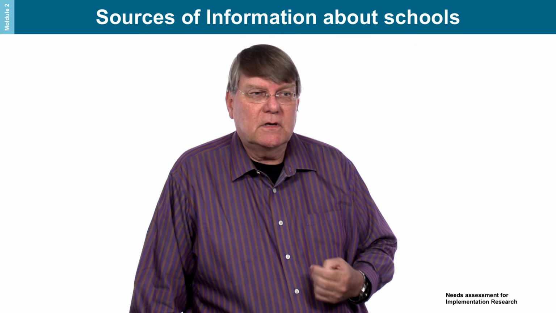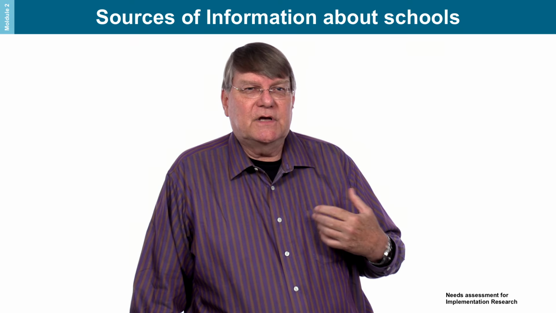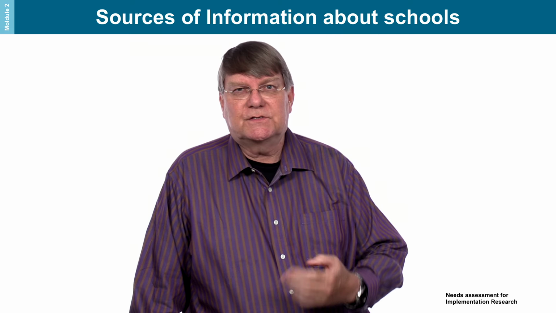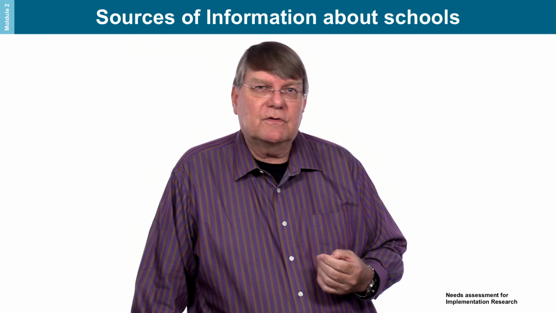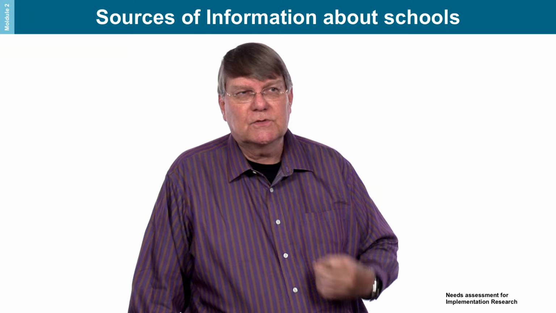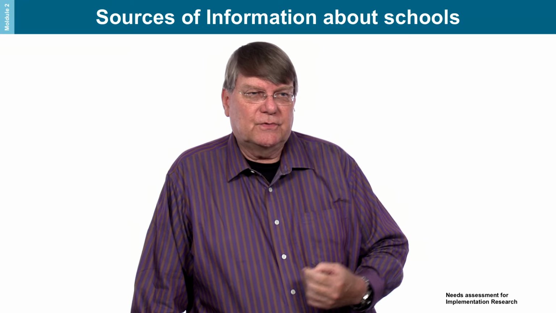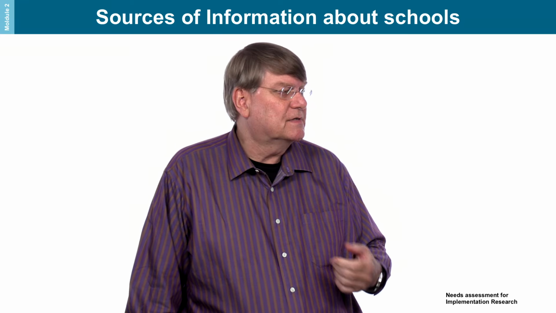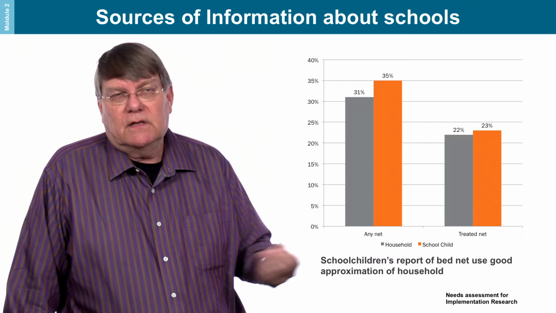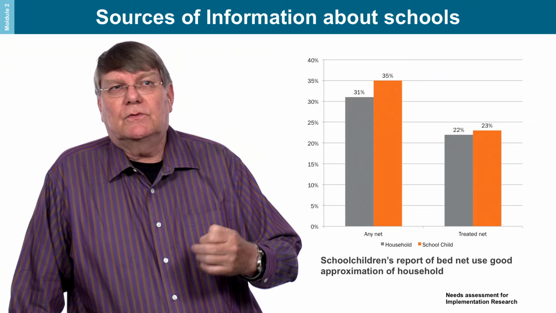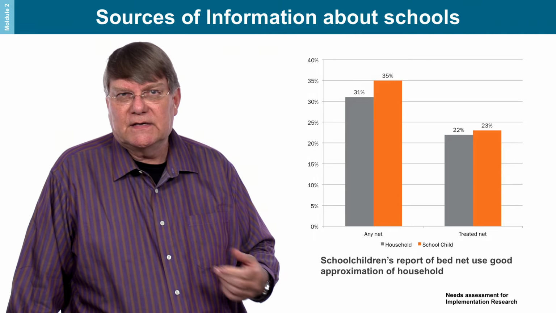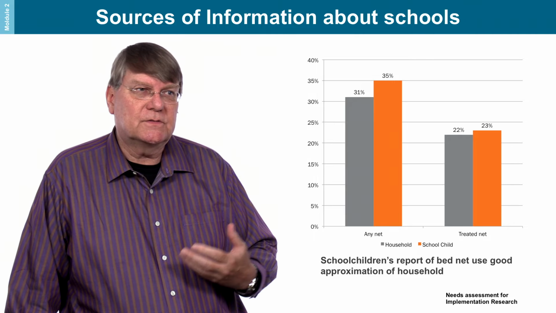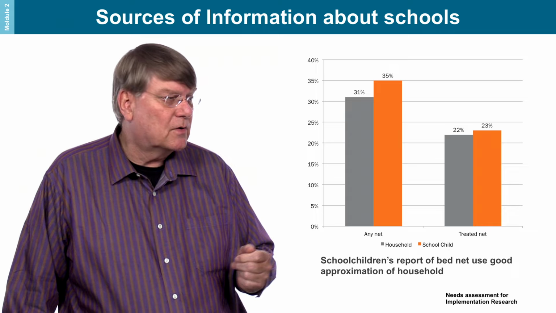So we can learn about implementation research needs in other places, such as schools. So a number of interventions have been done to improve school health and the health of children affected by the infectious diseases of poverty. One study that we see here used children to report on whether bed nets were used at home. So the school provides a window into the community.